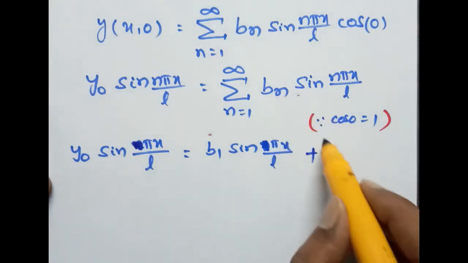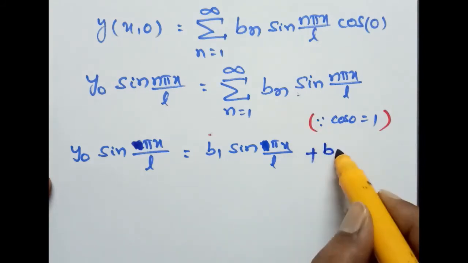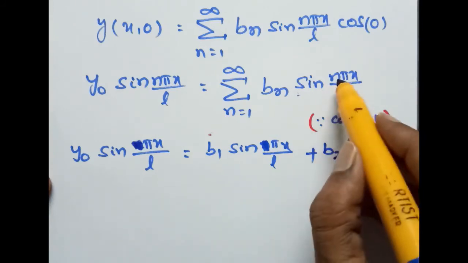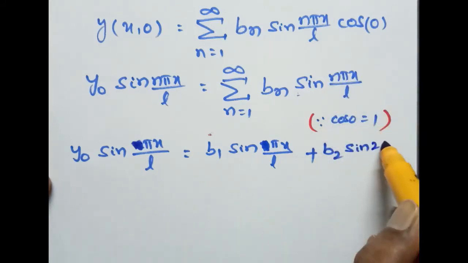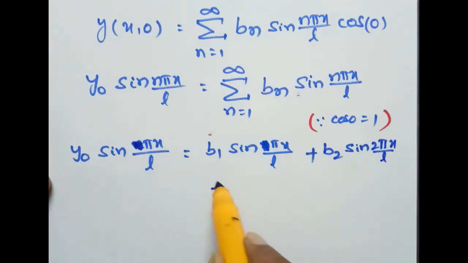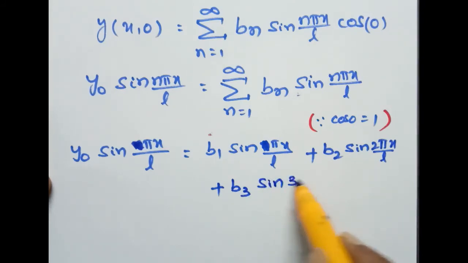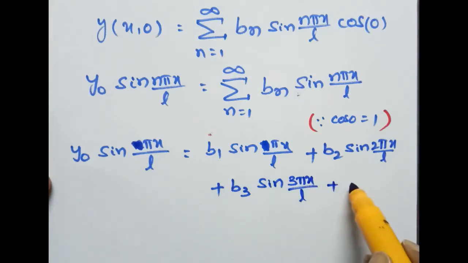Now here plus put n equal to 2, b2 sin 2 pi x by L, plus put n equal to 3, b3 sin 3 pi x by L, plus and so on up to infinite.